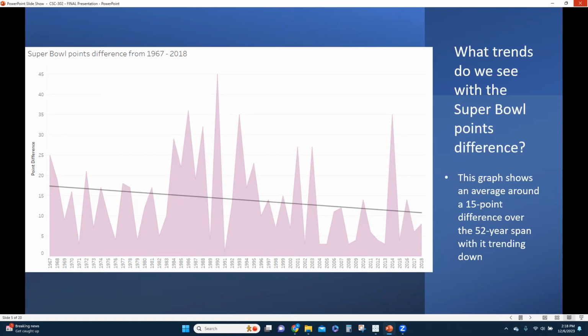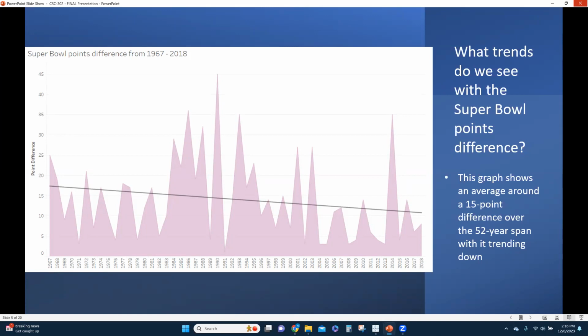And looking at the data, it looks like there have been some pretty big wins in recent history, but the majority of the difference in points is getting smaller.